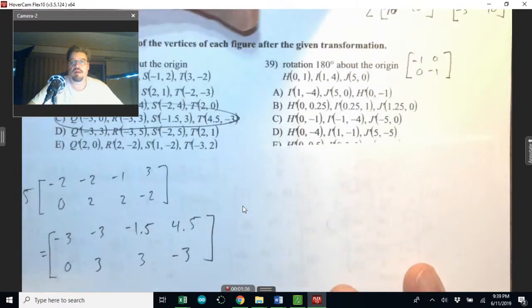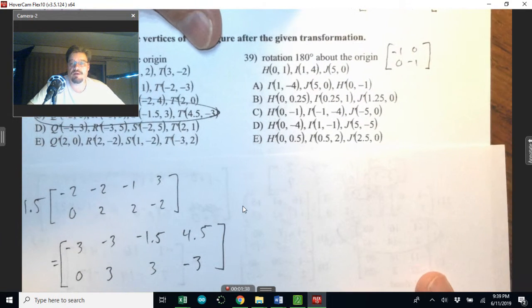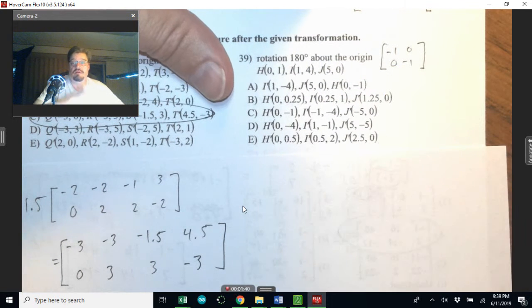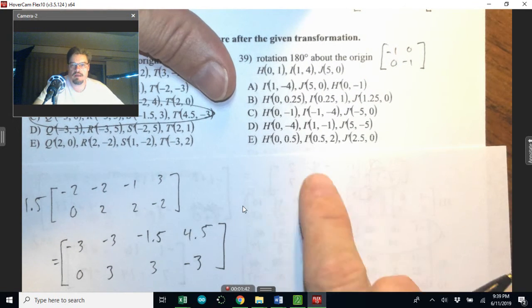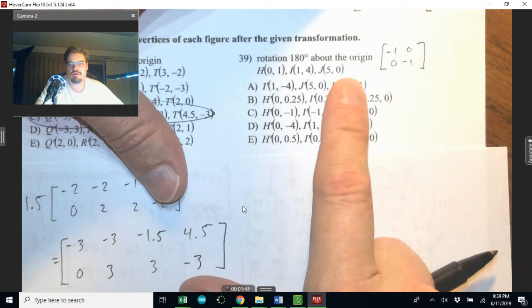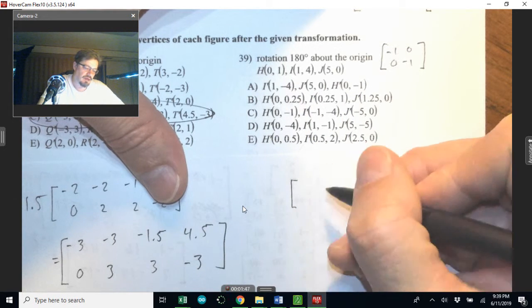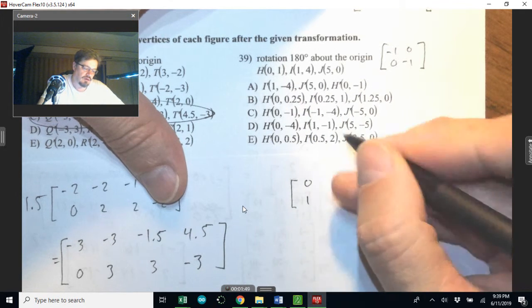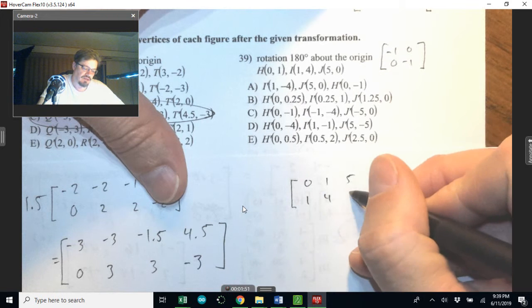So yeah. Now rotation about 180 degrees uses this matrix. So we're going to multiply this triangle, which we put in as 0, 1, 1, 4, 5, 0.